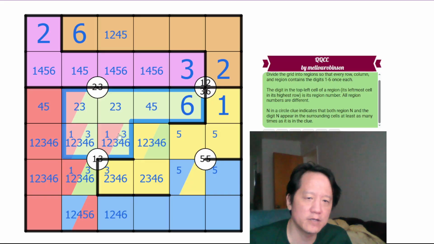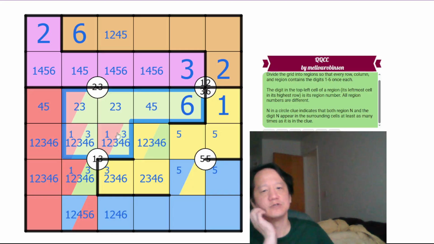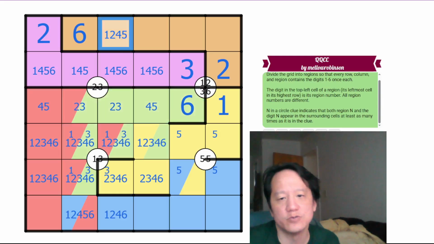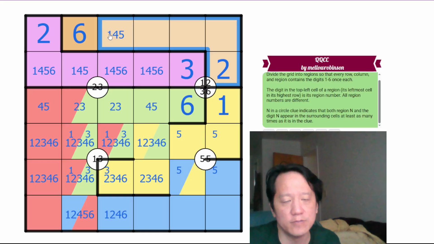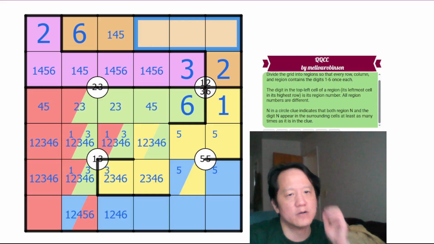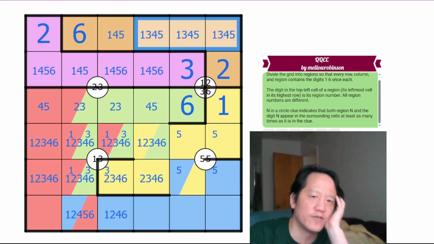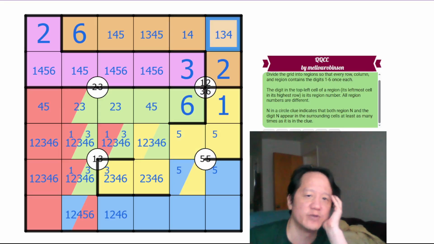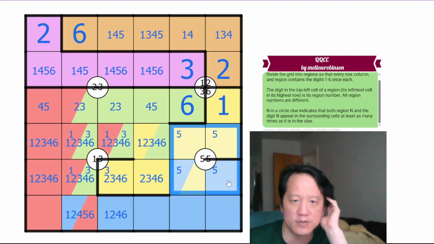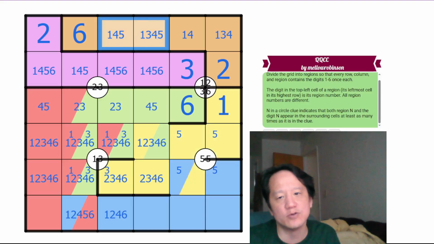It cannot go 1, 2, 3, 4, 5, 6 there too. Okay, this can't be 2 because of 2 in the region. Remaining digits of this region are 1, 3, 4, 5. This can't be 3 because of 3 in the column. These can't be 5 because we're guaranteed 2 5s here. So 5 has to be one of these two.